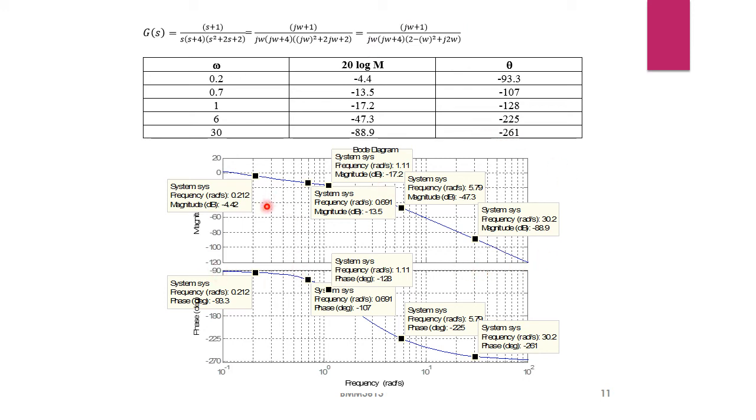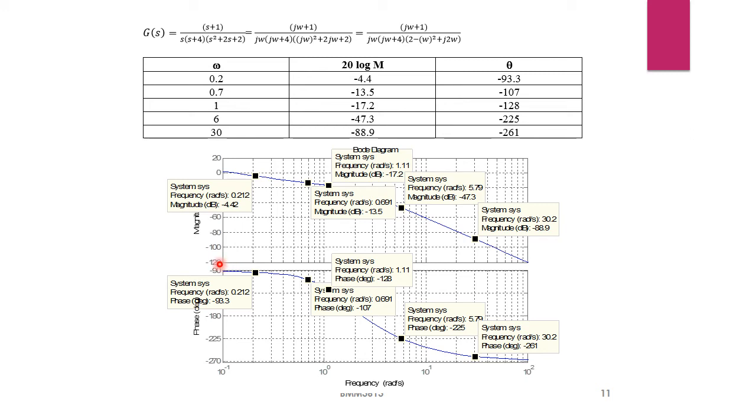Here on top is the plot of the gain, or the magnitude, and at the bottom is the plot of theta, the angle, or what we call phase shift. What we can look at here is how we describe this Bode plot.